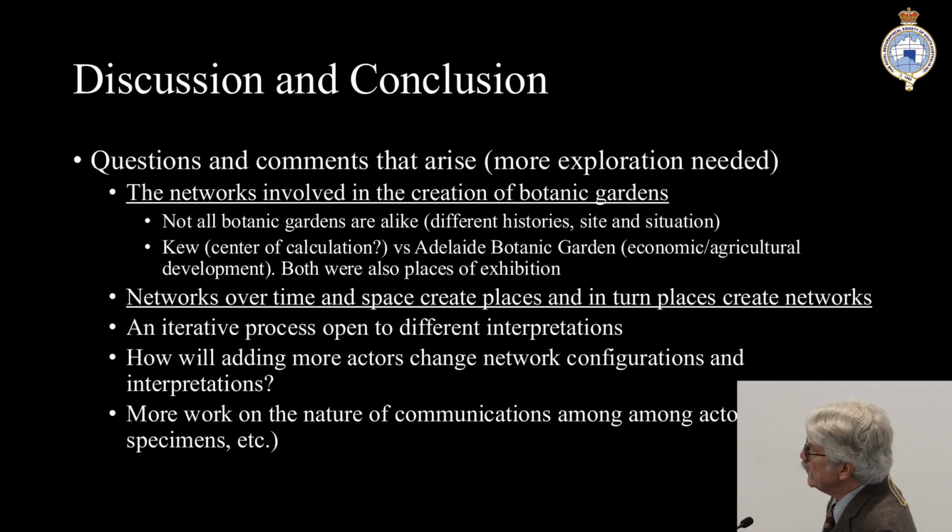And then these are my discussion and conclusions, my attempt at seeing the forest for the trees, but I'm not so sure I did that great of a job. But I found many of these things are true, that what we talked about in the beginning, more work on the nature of communications among actors needs to be done and so forth.